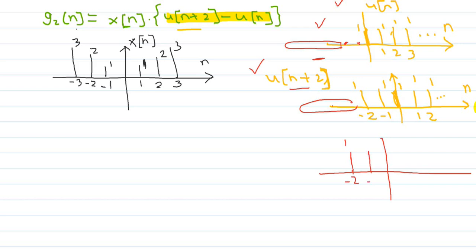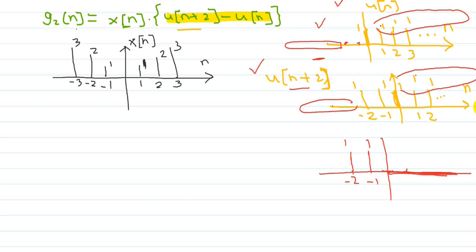Now at 0 this is 1, so 1 minus 1 will give me 0. Then at 1 it is again 1, and this is again 1 here, so 1 minus 1 will give me 0. You know that all the sample values here are 1, so 1 minus 1 will be 0. So it means I'm going to get only 2 samples, and all the remaining values will be 0 here.